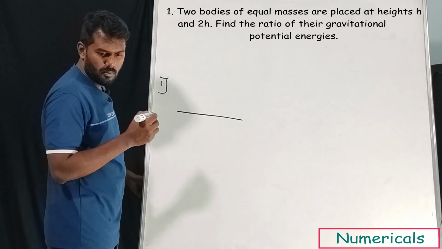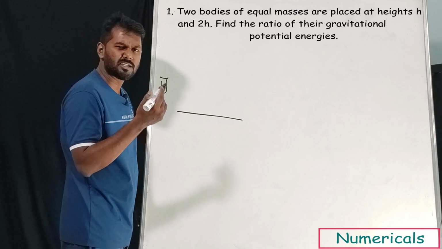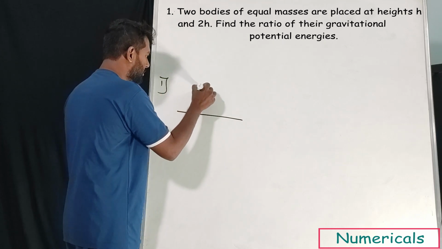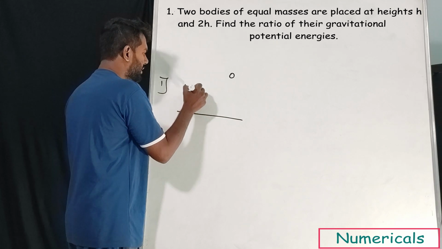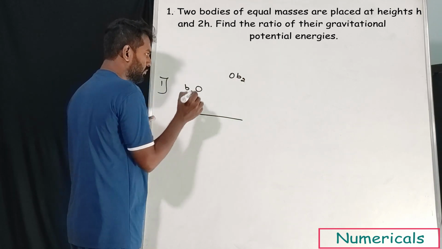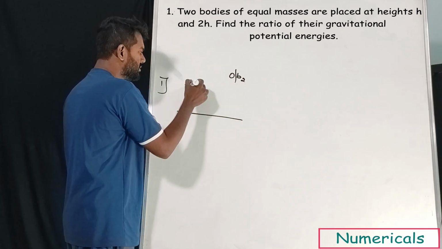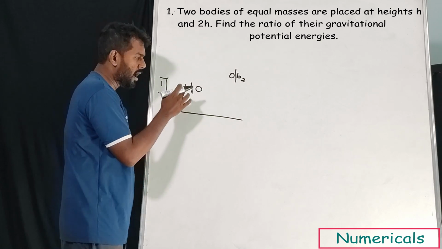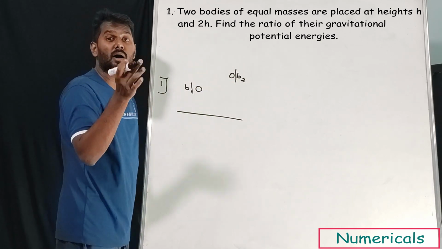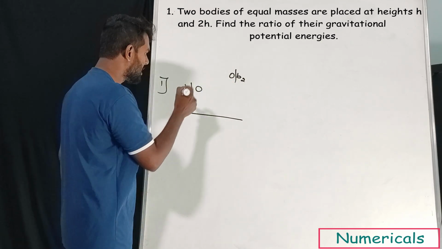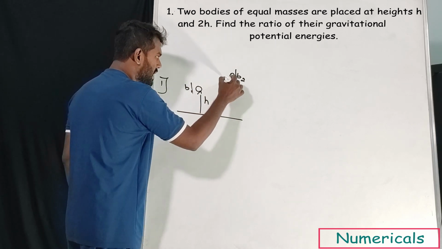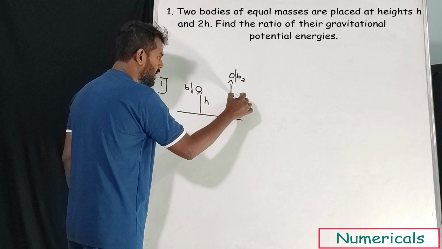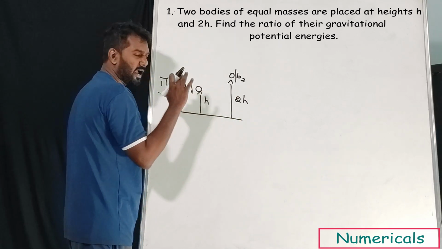Assume there is an object, we can assume it as a ball. This is B1 and this is B2. They have the same masses, equal masses, and the height from the earth surface for this one is h, and for this one it will be 2 times this height.